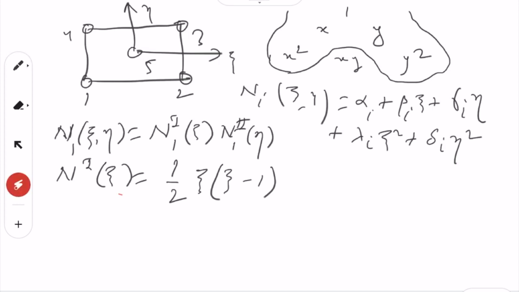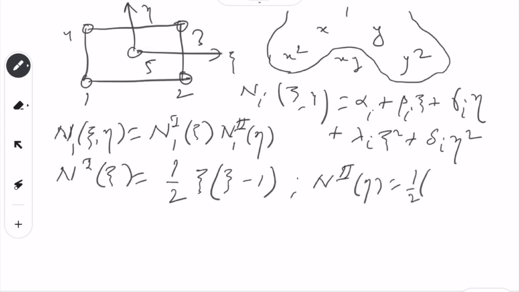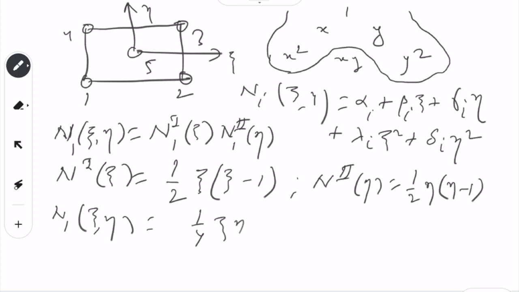N1 will be like this one. And then the next one, similarly your N2 will be also, in eta, like half eta and eta minus 1, similar logic, and hence N1(xi, eta) will be equal to 1 by 4 xi eta times (xi minus 1)(eta minus 1). So it could be something like this.